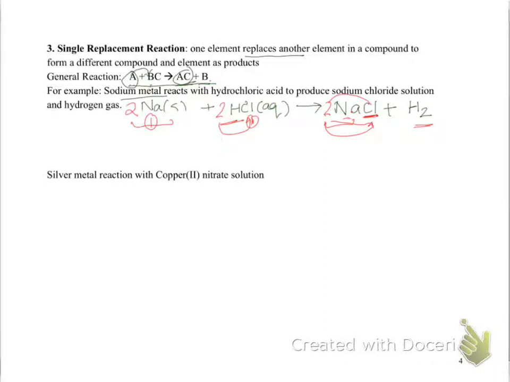No. When sodium is replacing hydrogen to combine with chlorine, you have to go back to your ionic compound chapter and think, when sodium is combining with chlorine, what should be the formula? Sodium is in the first A group, so it will have 1 plus charge. Chlorine, 7th A group, 1 negative charge. 1 plus cancels out with 1 negative and it makes NaCl.